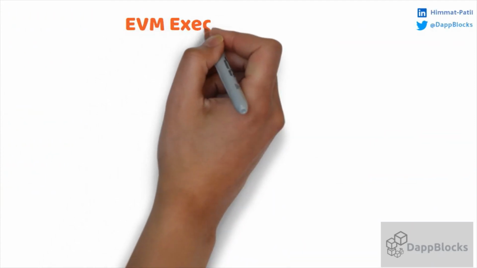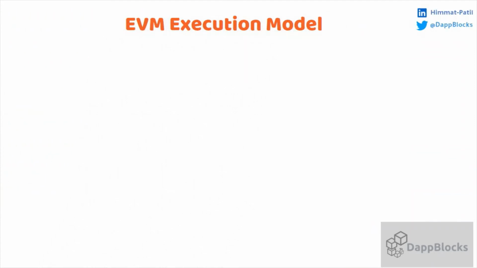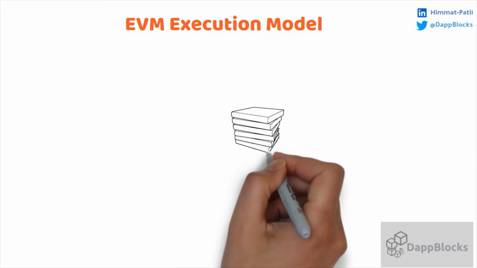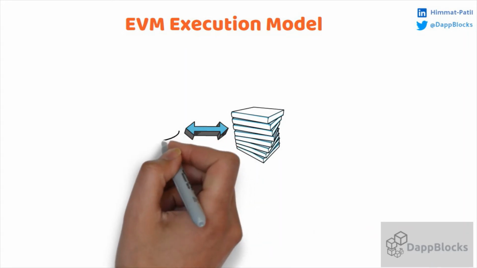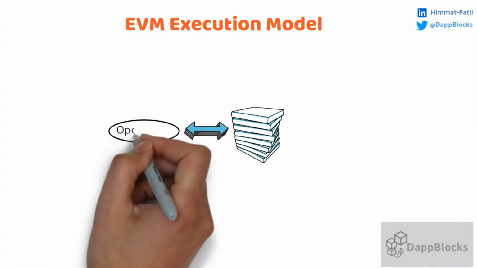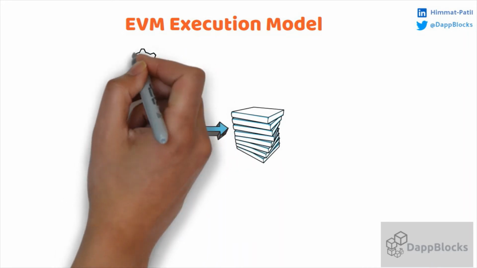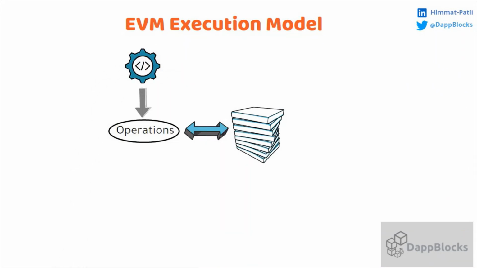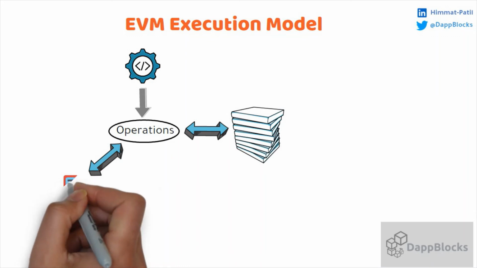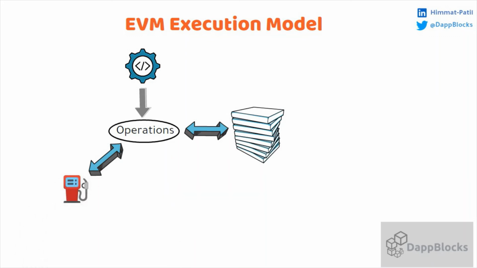Let's understand EVM execution model. EVM executes operations from stack. It receives instruction from EVM code, and with the help of stack instruction like push, pop, it executes the operation, and while executing each operation it checks for gas available.